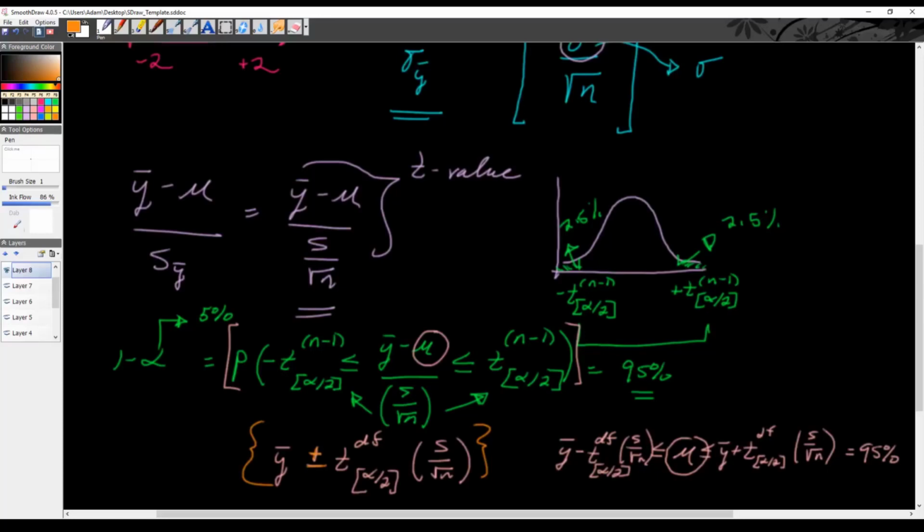So we've got that neat result: y bar plus or minus the critical value multiplied by the standard error. That means that 95% of the confidence intervals in the population of all possible 95% confidence intervals for the true value mu contain mu, and 5% of the confidence intervals in this population do not contain mu.